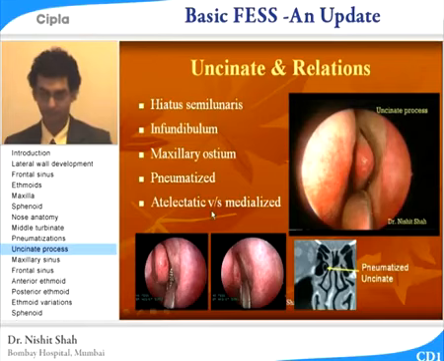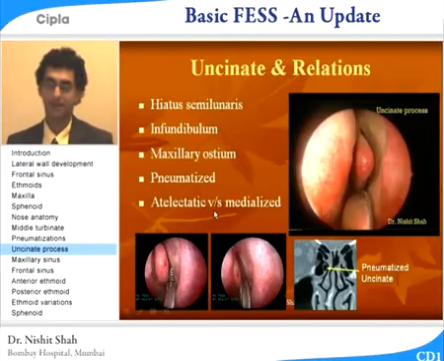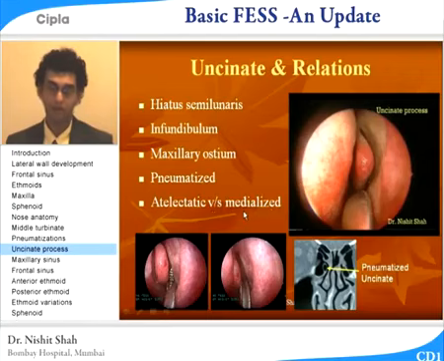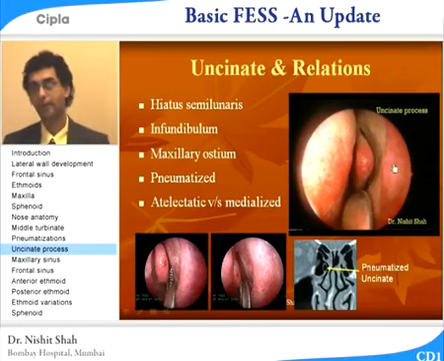If however there has been a lot of disease in the maxilla and it has pushed the uncinate outwards, the uncinate then becomes medialized. And that is a far easier situation, where the uncinate looks something like this, medialized, and often known as the double turbinate sign.